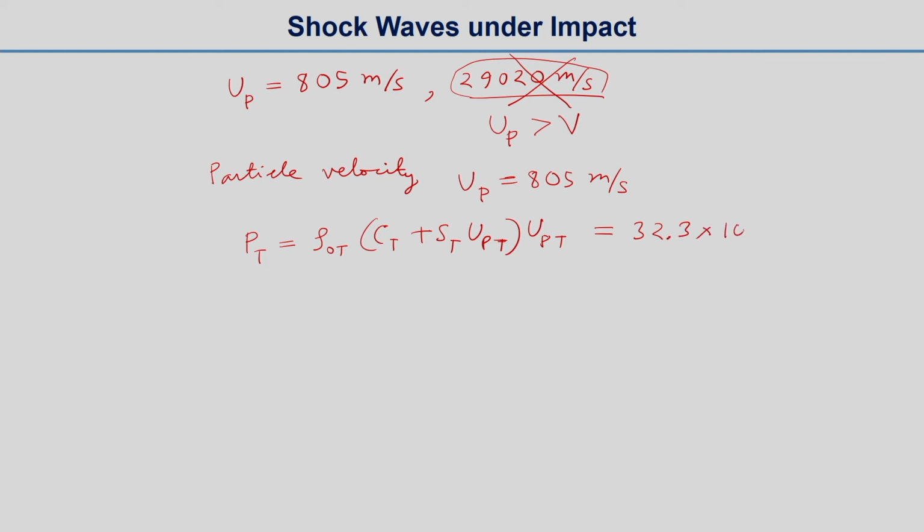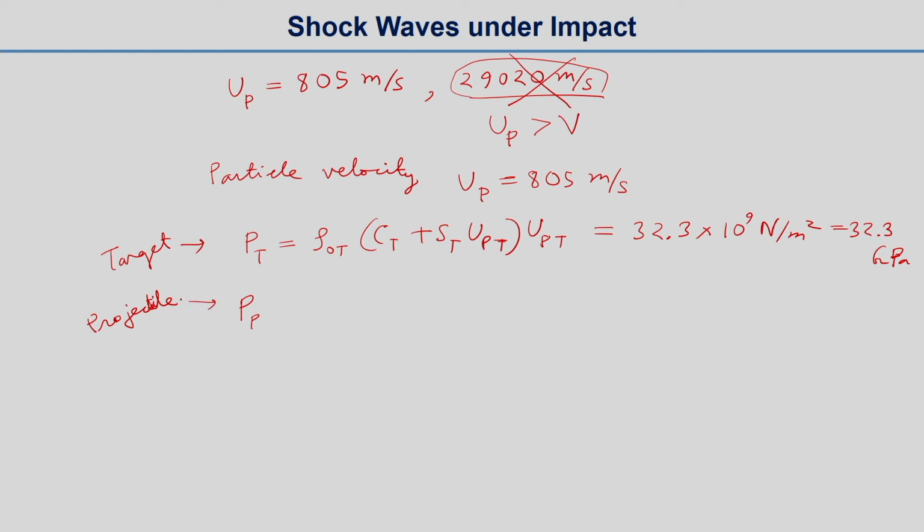So this will give us 32.3 times 10 to the power 9 Newton per meter square. We can write 32.3 gigapascal, and then the pressure generated in the projectile.